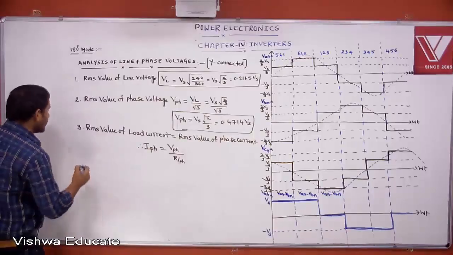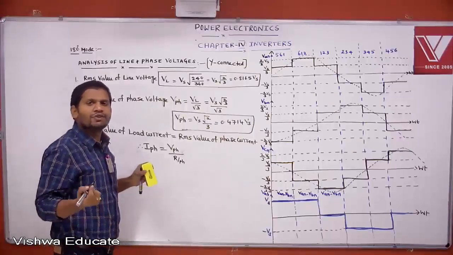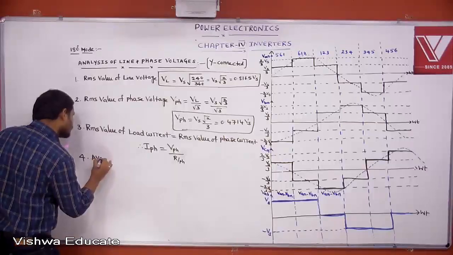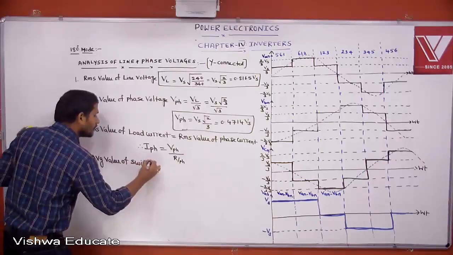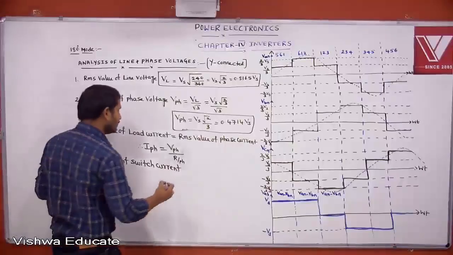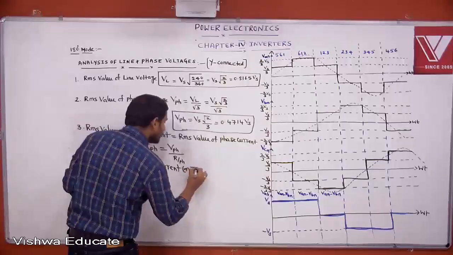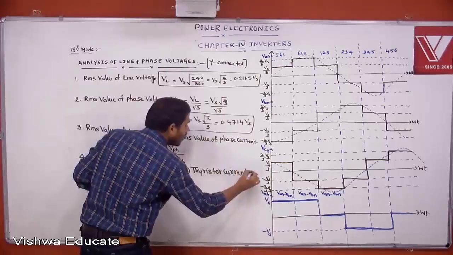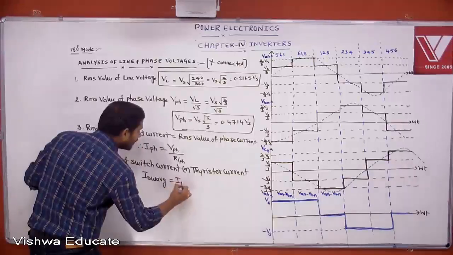Once you know the phase current, next is the average value of each switch current or each thyristor current. Here the switch may be a thyristor also, we can use it based on application. Average value of switch current, ISW average or IT average.